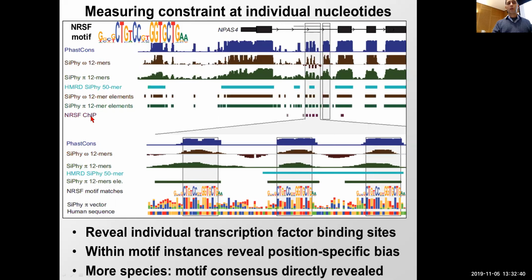So chromatin precipitation for the NRSF binding factor will tell you that there are all of these instances of binding of NRSF. Indeed, the motif match is there, and indeed, all those positions are preferentially conserving the NRSF motif.